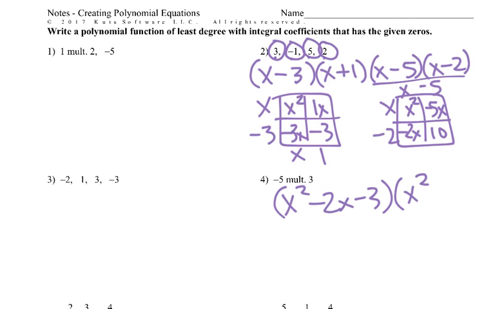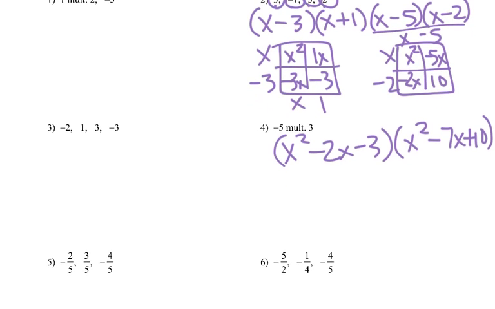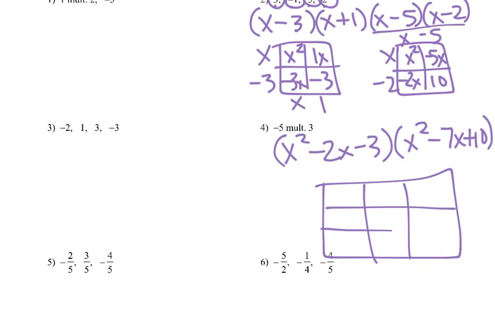So I'd have x squared, then negative 7x, plus 10. And so now I need to multiply these ones together, and that'll give me my polynomial.